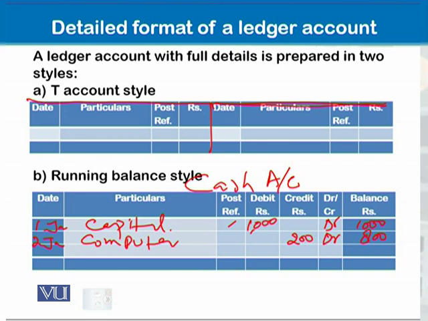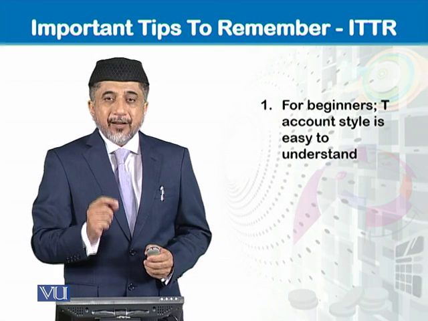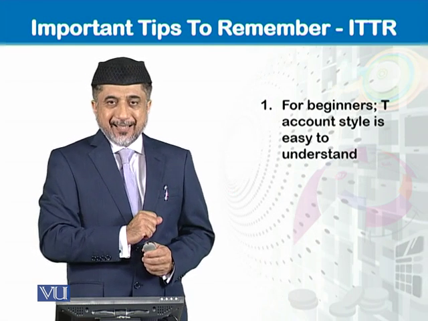And let's suppose on 3rd of January, we have cash sales of 500. So debit is increasing. This debit 800 balance will now become a debit 1,300 balance. So this is how we prepare a ledger account in running balance style.